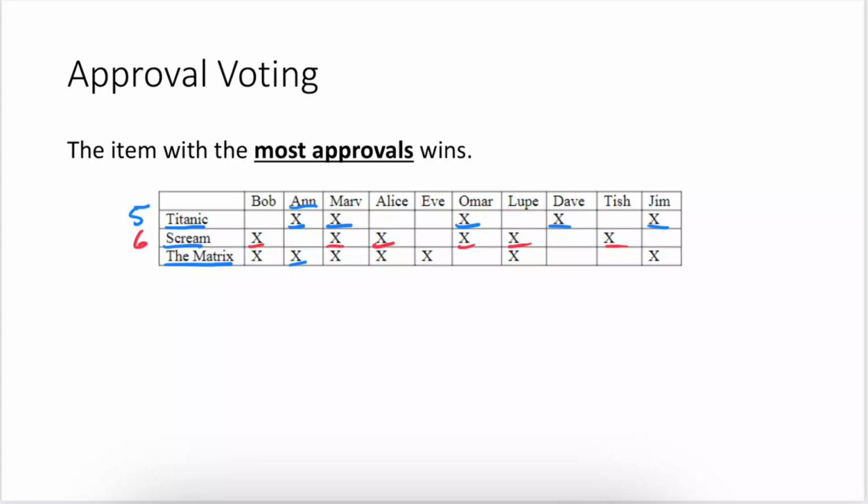And then the Matrix has 1, 2, 3, 4, 5, 6, 7 votes for that movie. And so in this case, the Matrix would be the winner by approval voting because it has the most people who approve of it. And so that's the way that approval voting works, and that's how you determine the winner.